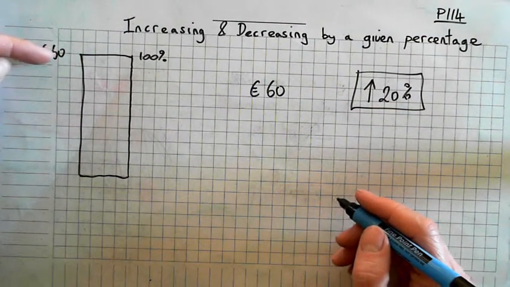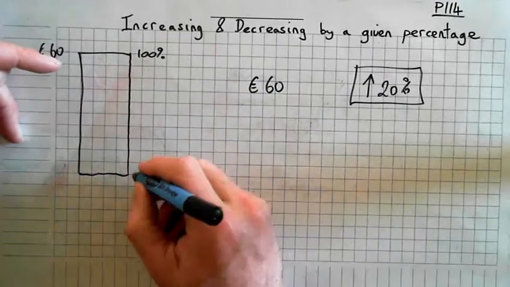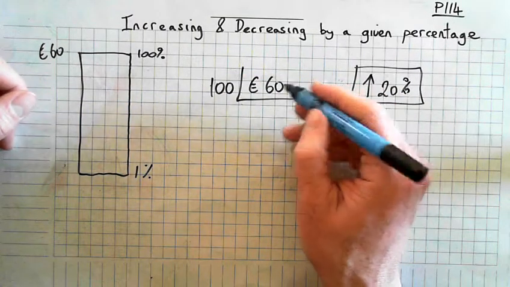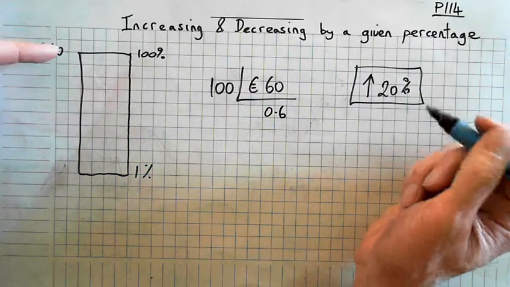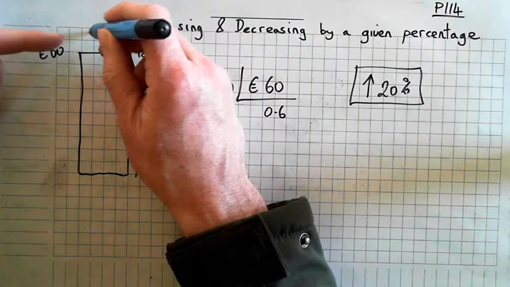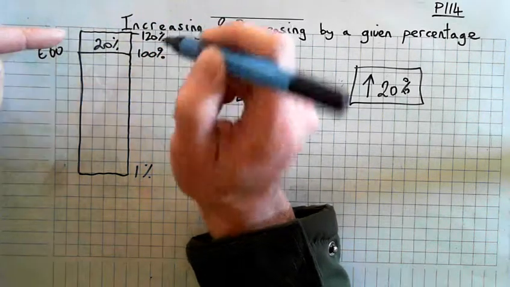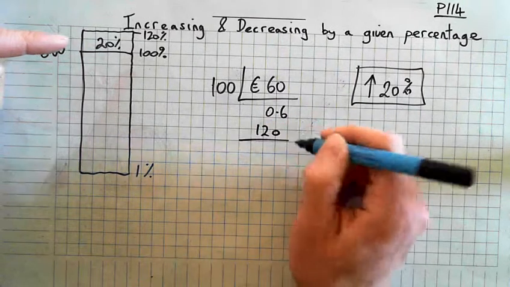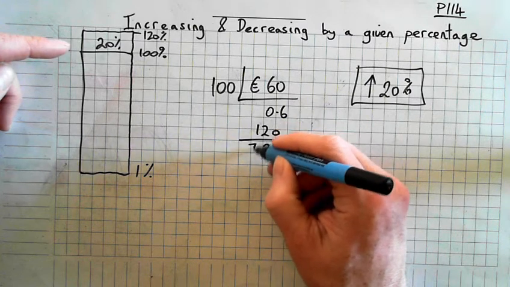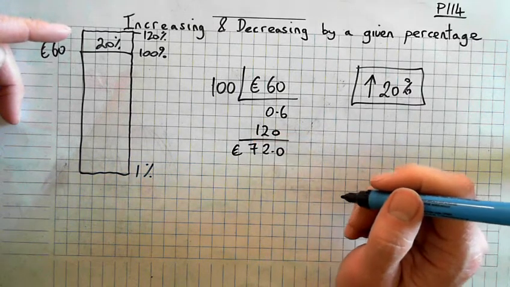We have to find 1% first. How do we find 1%? We divide by 100. 60 divided by 100 is 0.6. And we have to increase the amount by 20%, so we're adding on 20%. What's 100 plus 20%? 120%. So we're going to multiply by 120. €72.